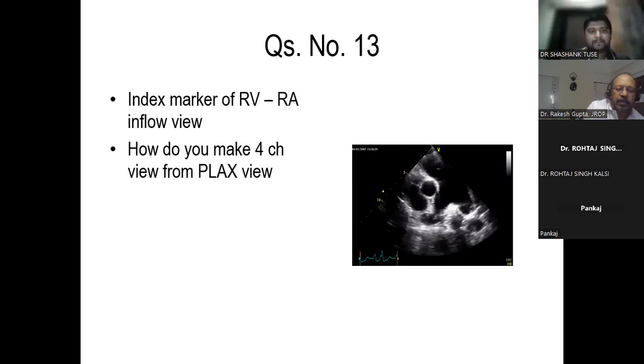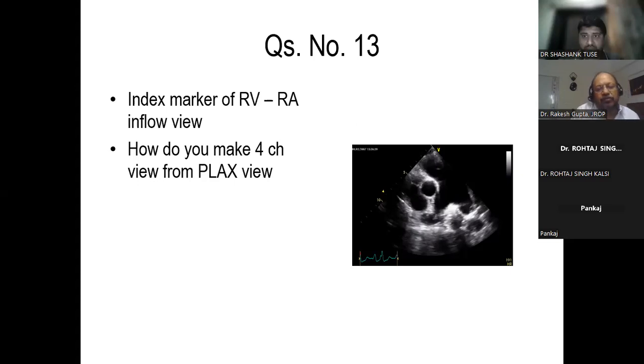Yes, sir. Tell me, Rohtaj, what is the index marker for RVR inflow view? Sir, it is at 11 o'clock position. How do you make RVR inflow in 11 o'clock position? Sir, we have to tilt the transducer medially or right side so that the footprint looks towards the mediastinum.